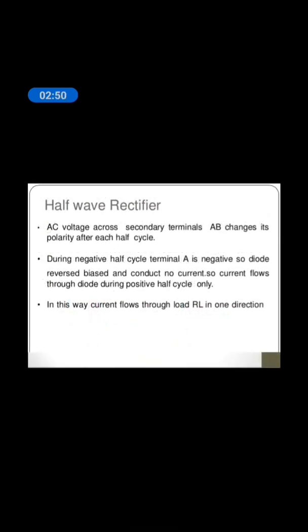AC voltage across secondary terminals AB changes its polarity after each half cycle. During negative half cycle, terminal A is negative, so diode is reverse biased and conducts no current, so current flows through the diode during positive half cycle only. In this way, current flows through the load resistance RL in one direction.